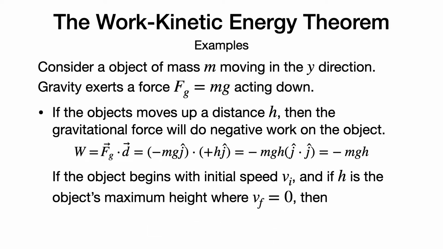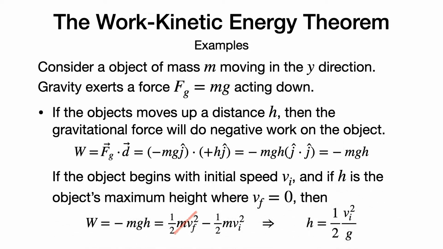Now, if the object begins with some initial velocity, vi, and if h is the object's maximum height where the final velocity will be 0, then what we see is that the height h is going to be given by 1/2 the initial velocity squared divided by the gravitational acceleration. Again, this is exactly the same result we would have gotten using the equations of motion under a constant acceleration. We've just obtained it using a different approach.